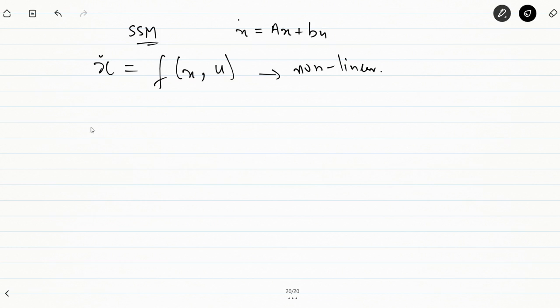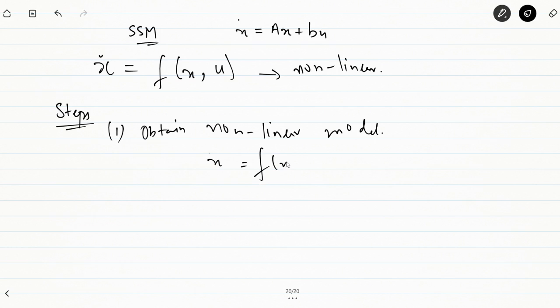So what will be the steps involved here to linearize the model now? अभी आपके पास एक इक्वेशन है किसी भी सिस्टम की, obtain its non-linear model. That's actually x dot equal to f of x u. Fine. Once you have the non-linear model, you need to then find out the operating points, okay, x naught and u naught.